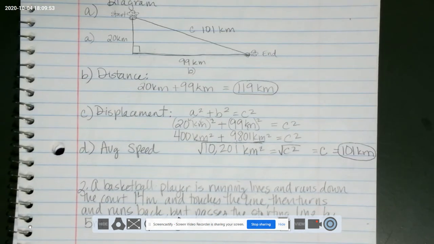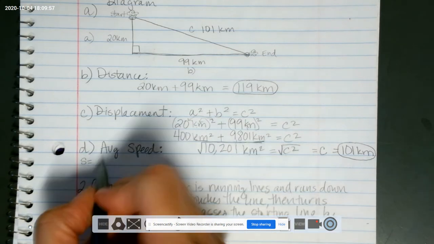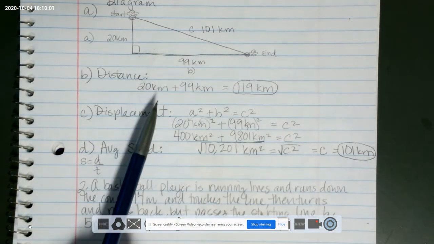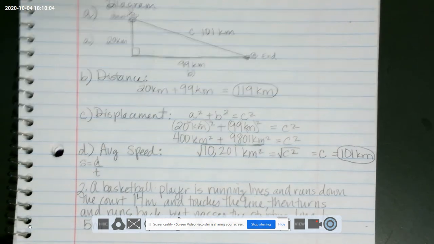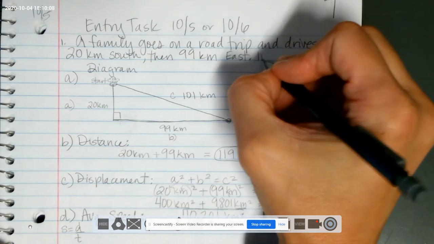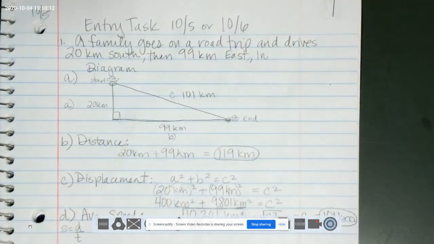All right, the last thing is asking for the average speed. Remember, speed equals distance divided by time. So I definitely have a distance. Oh, I forgot to tell you the time up here. I forgot to write it down. They went that in 1.5 hours.